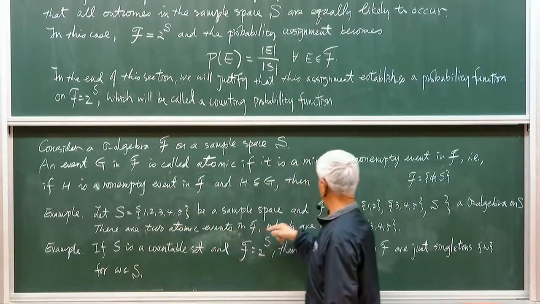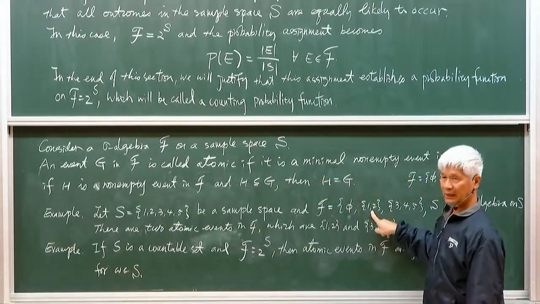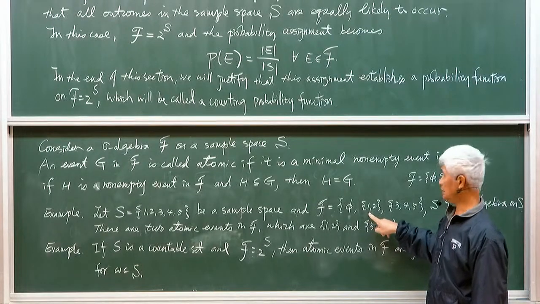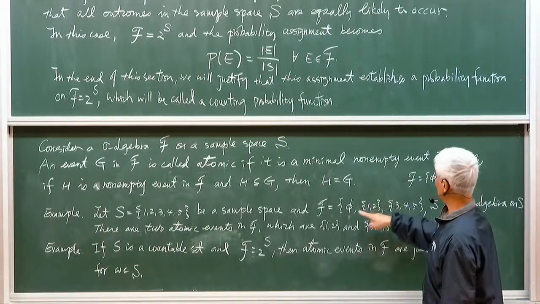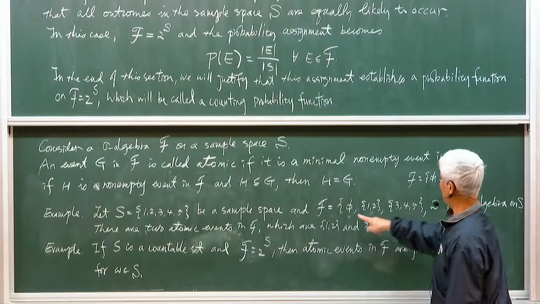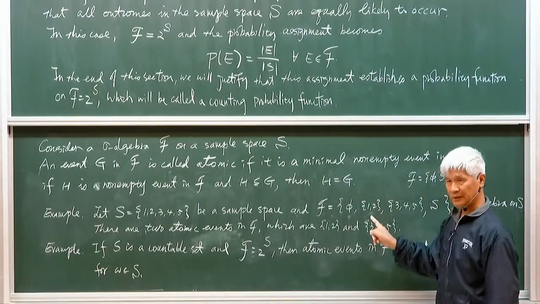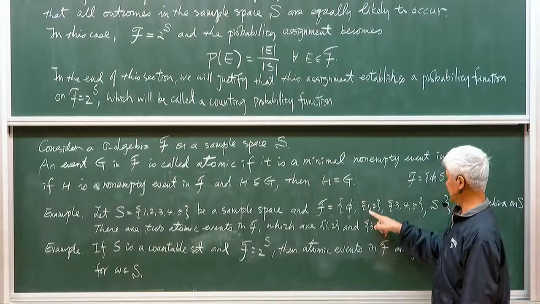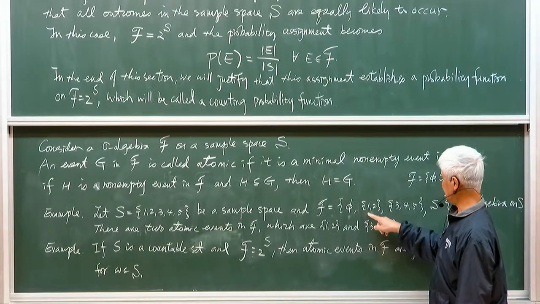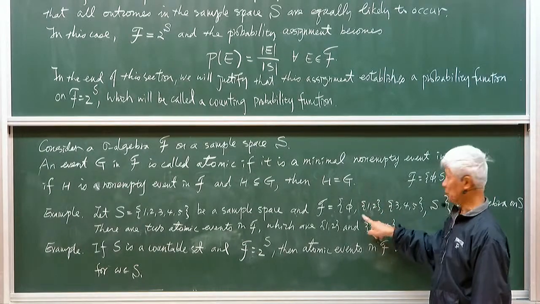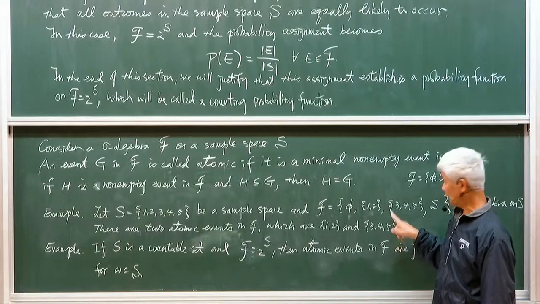Just like we say this is an atomic event. How do we know that? Well, we search for events in F which are a proper but non-empty subset of this event, but we can't find any, right? So it is minimum.